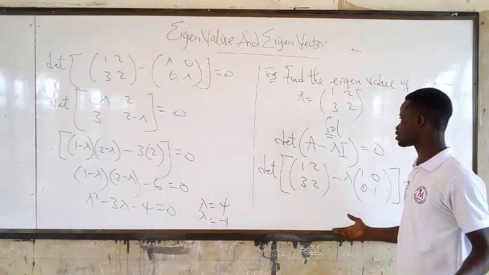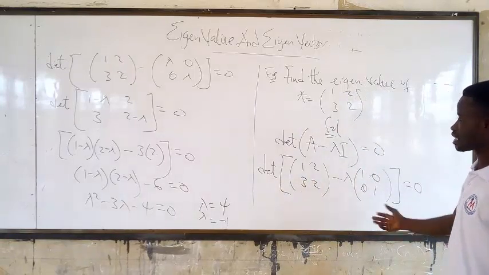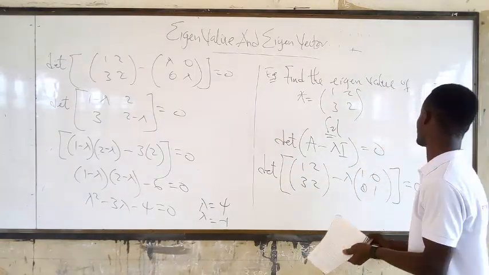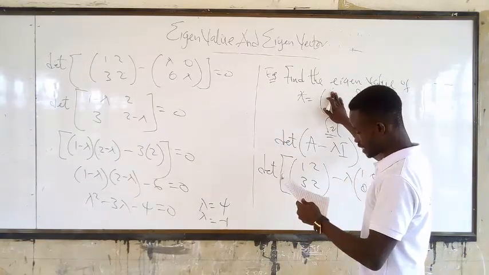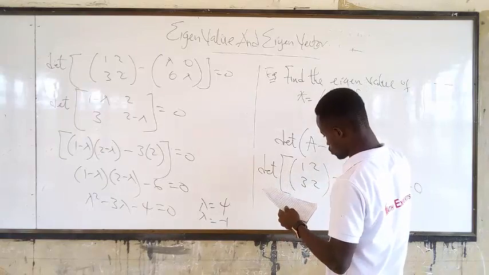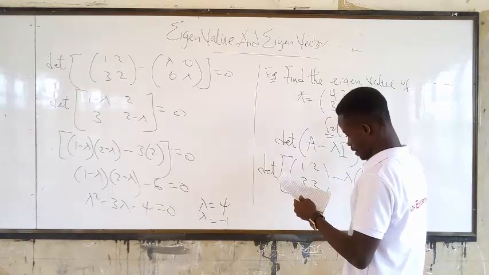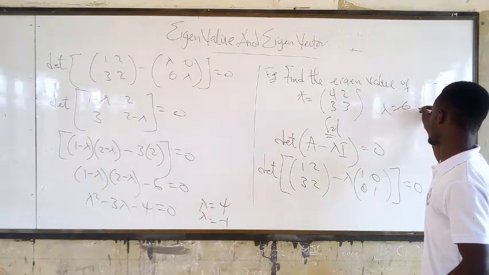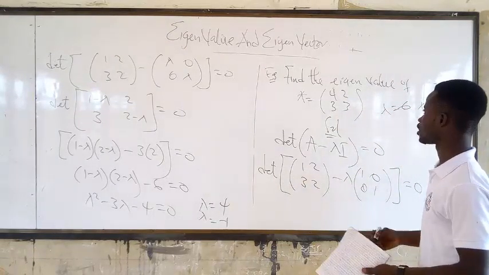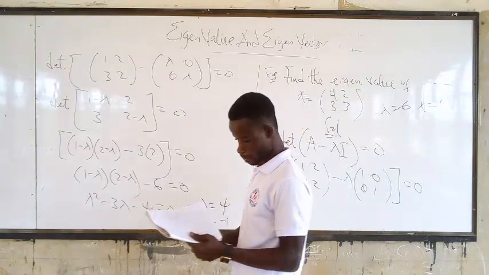I hope it's not difficult. Just write your matrix down, just like that, find the determinant so you are done. Try to find the eigenvalues of 4, 2, 3, 3. You are going to get lambda equal to 6 and lambda equal to 1. So, see you for the next question.